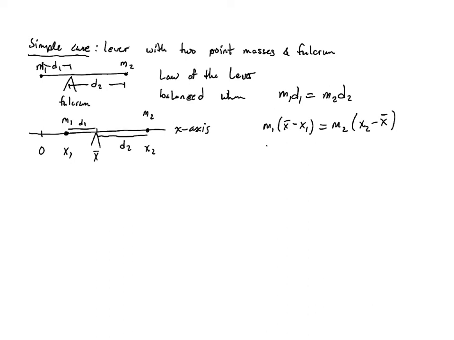And if you solve this for x bar by multiplying out the quantities, moving the x bar bits over to one side, the non-x bar bits over to another side, and solving for x bar, then we get that x bar can be written as (m1 x1 plus m2 x2) divided by (m1 plus m2).